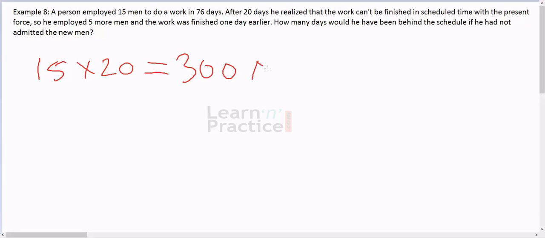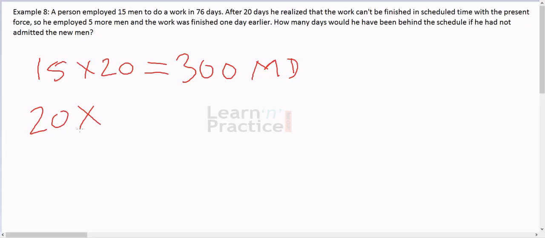But after 20 days, he realized that the work cannot be completed with 15 men, so he hired 5 more men. So now the men are 20. And with 20 men, he completed the work in one less day. That means instead of 76 days, he completed the work in 75 days.